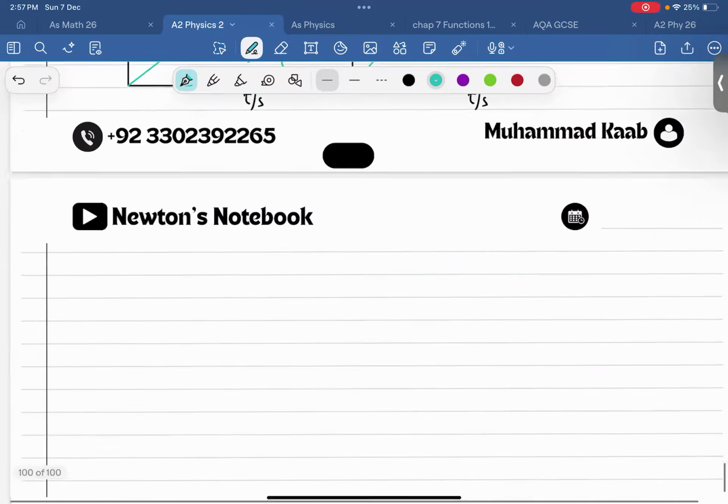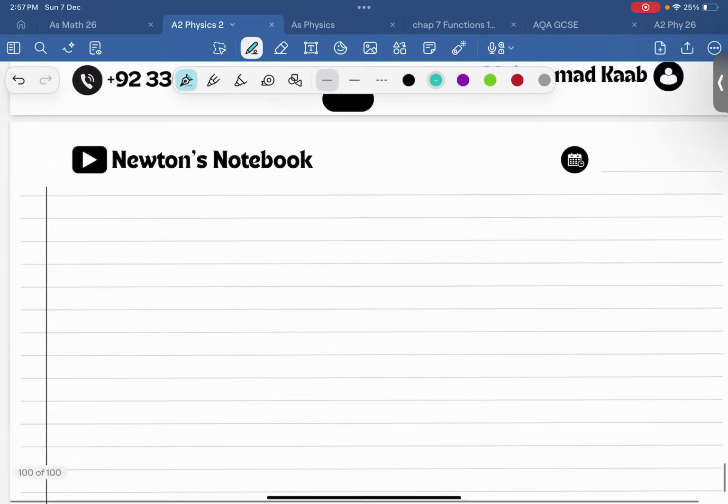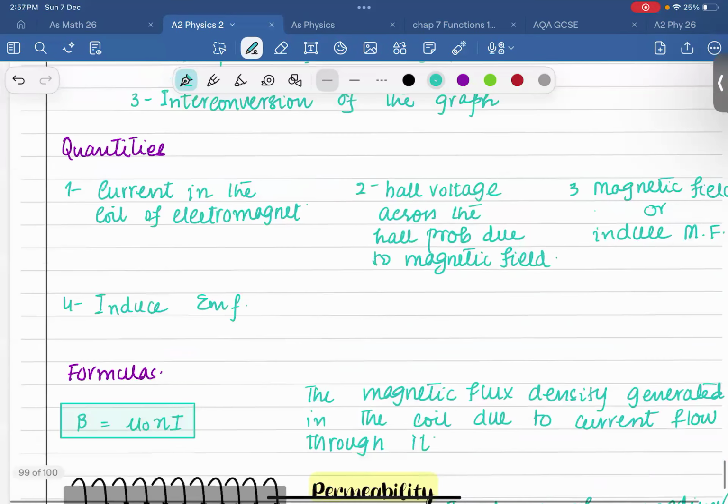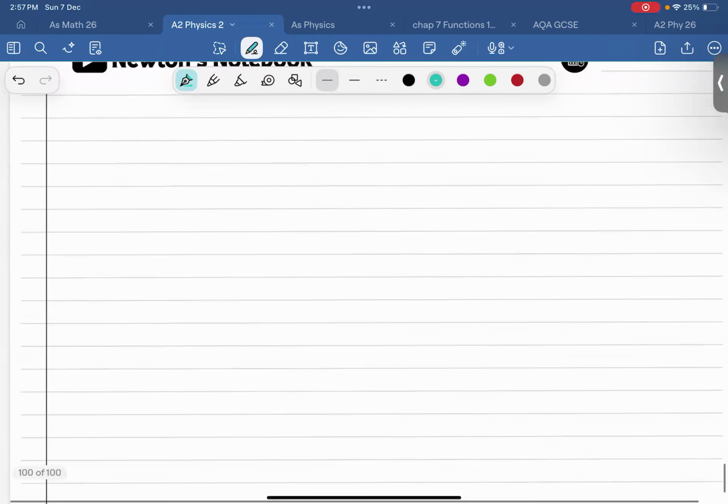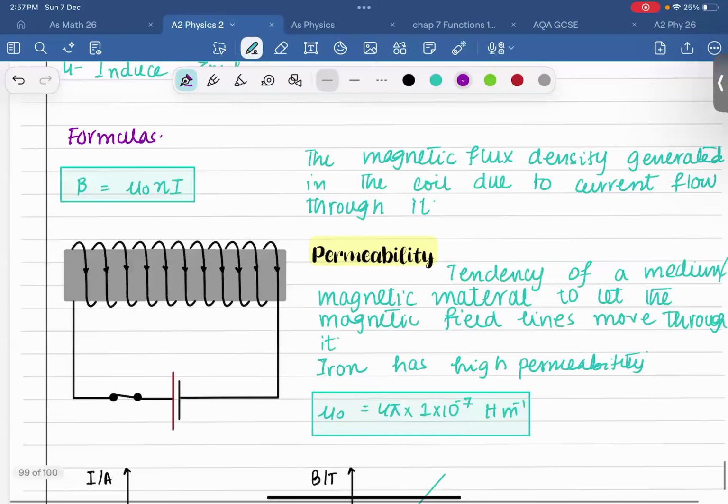So the next formula is basically the Hall voltage.